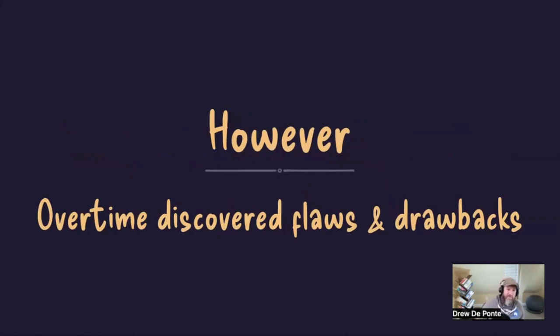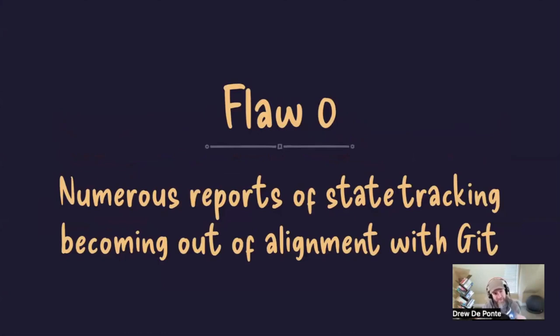But over time, we discovered it has lots of flaws. The first flaw is that we would get numerous reports of state tracking becoming out of alignment with Git. What would happen is that people would use Patch Stack, and then they would go do some normal Git operations related to the patches that were in their stack or in branches related to their stack.